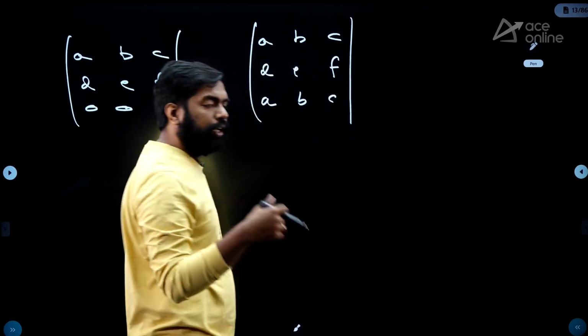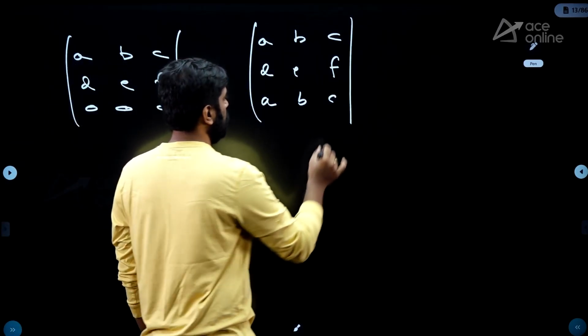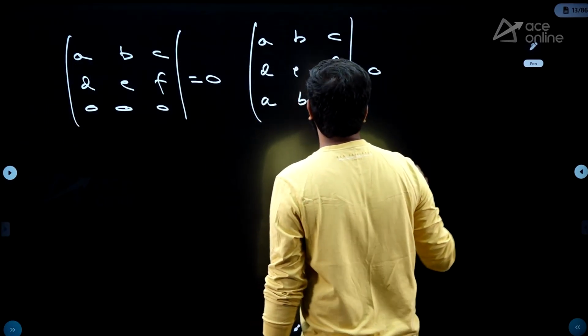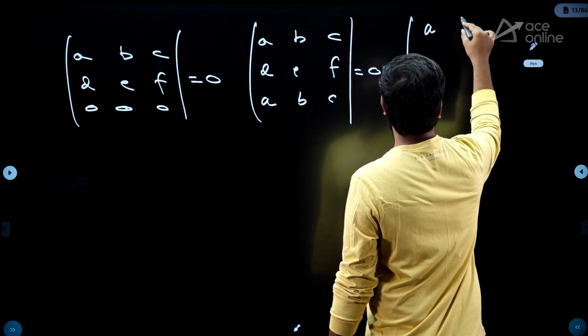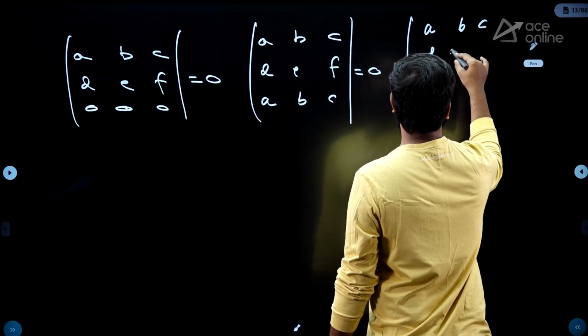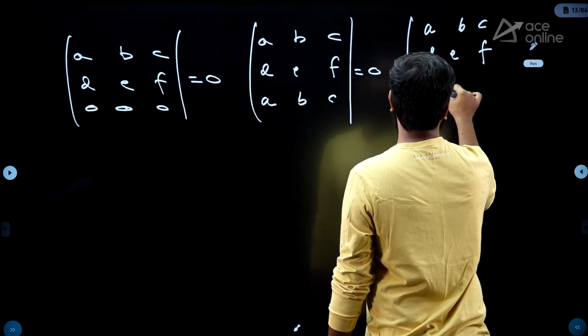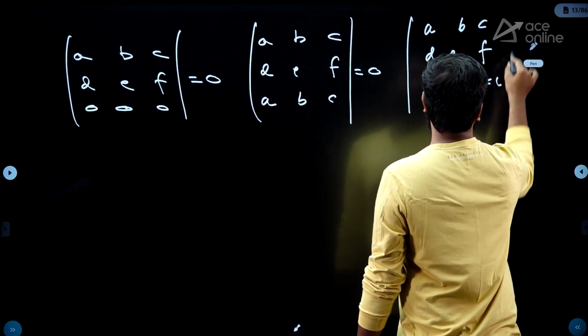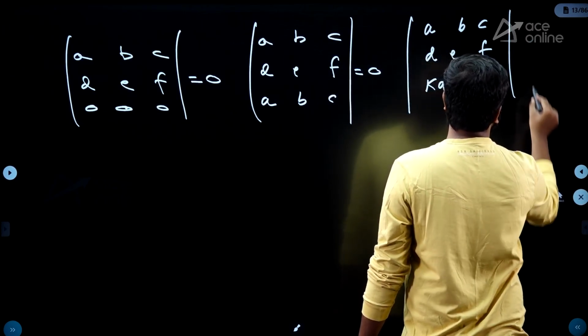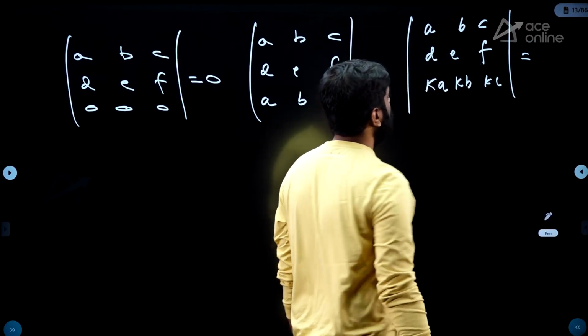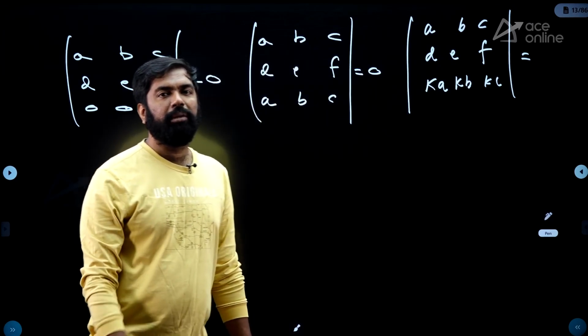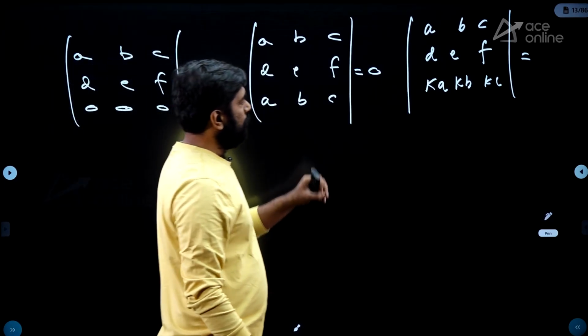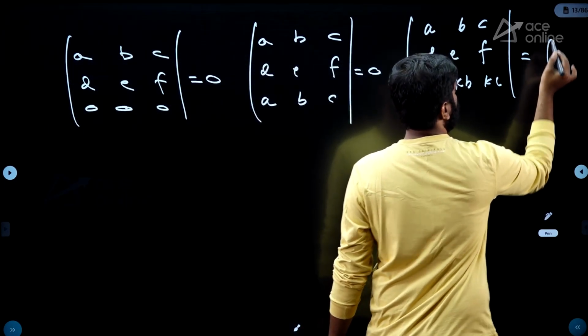Whenever you have identical rows or identical columns, the determinant is 0. Observe this. What's your observation? There is a third row which is just a scalar multiple of the first row. In that case, the determinant is 0.